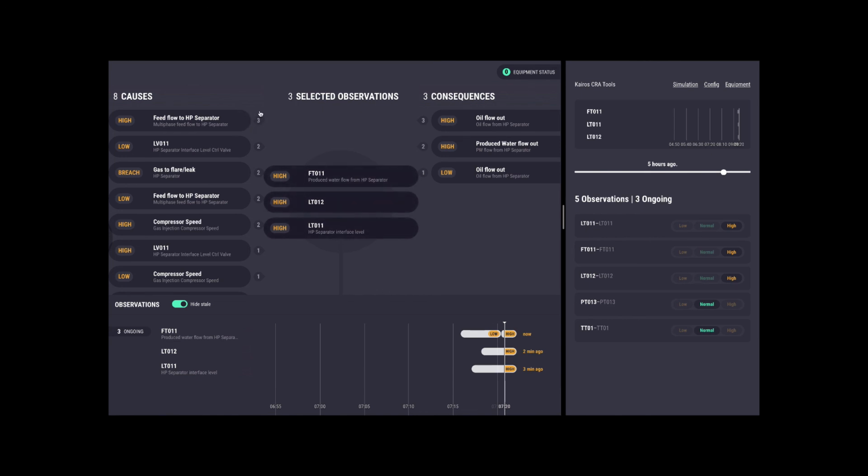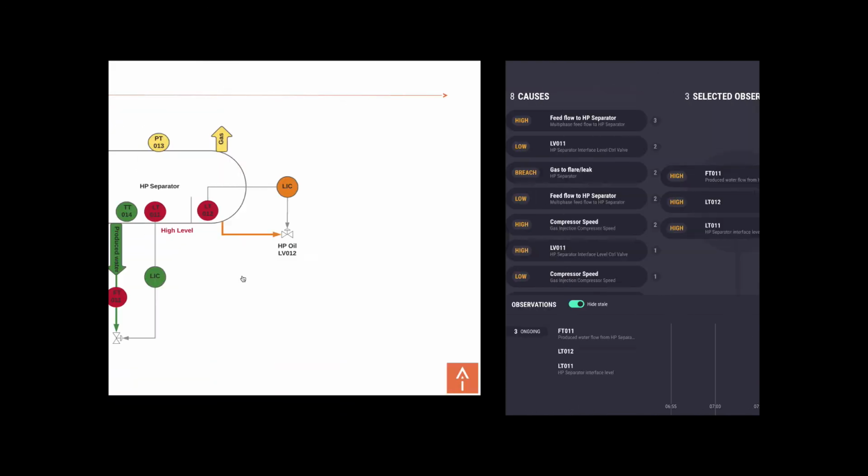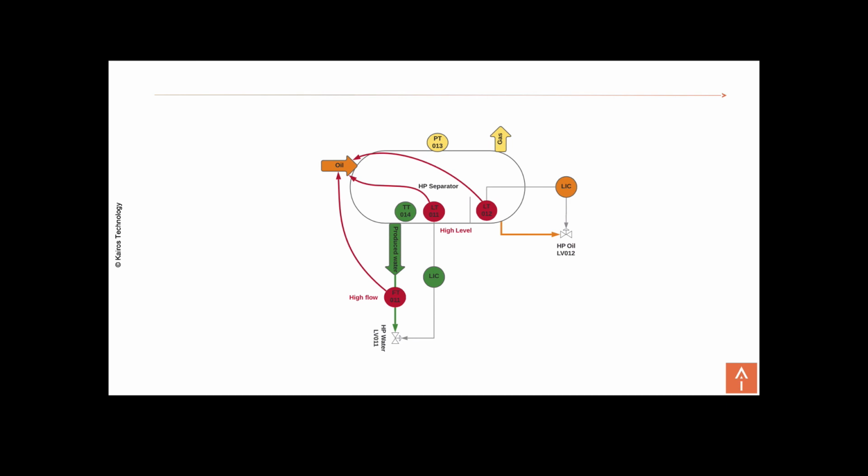It has a rank of 3, whereas all others have lower ranks. So as you can see, we have 3 observations that all support one cause.